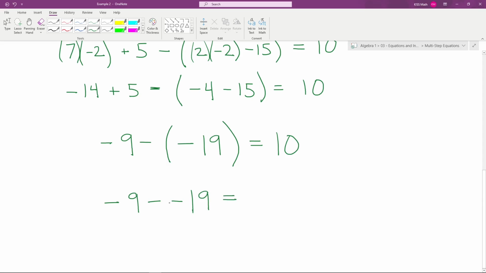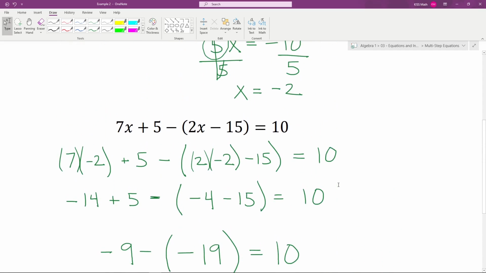And two negatives like that, that's the same as addition, right? So I'm going to rewrite that as negative 9 plus 19. And if I do that, I get 10. And 10, that's also what we had on the right side. So we know our answer is correct here. x equals a negative 2.